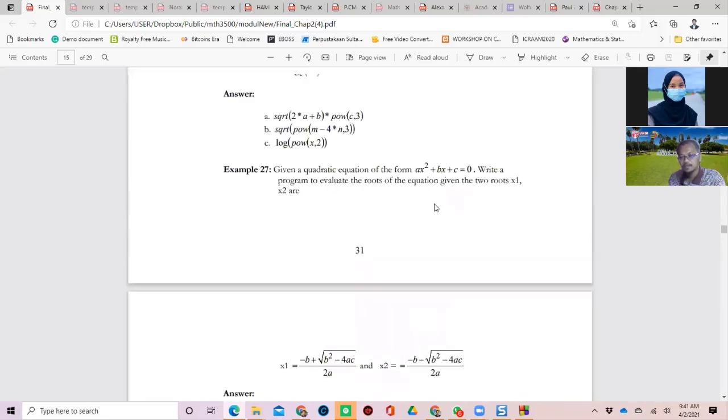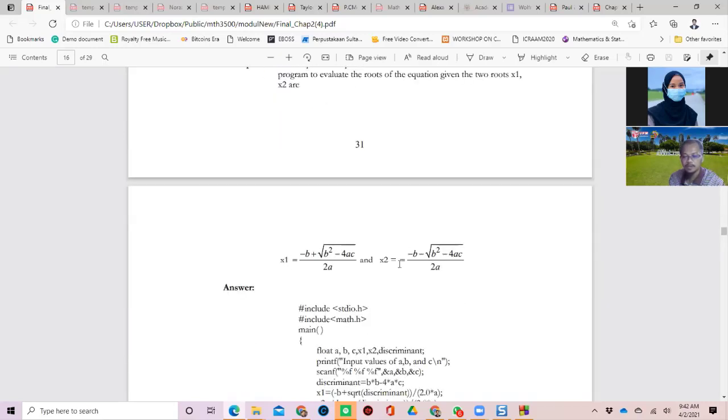For a question like this, you have to imagine what variables you need to write in the C code. They are not given. Depending on this equation, the variables involved are A, B, C. Other than that, maybe you need to come up with the formula first, for example X1 and X2.